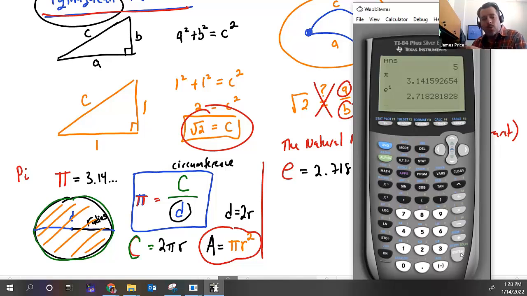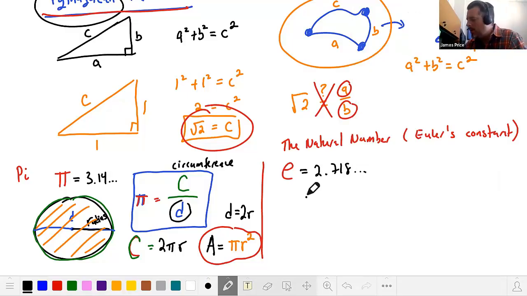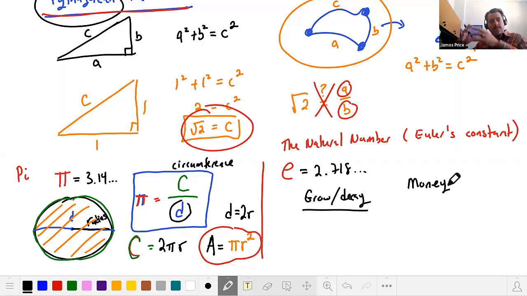And this is a very important number because it's a number that naturally comes out when you study things that grow or decay. So if you study something like money, and you want to understand how money gets bigger, how it grows, or it decays, gets smaller, this little e will pop out of it.